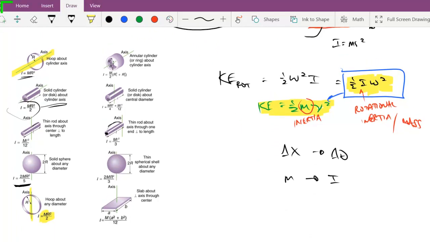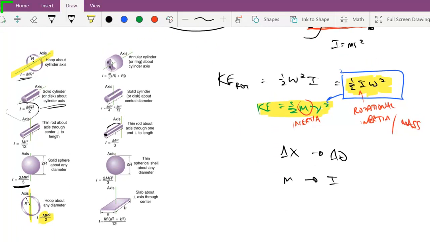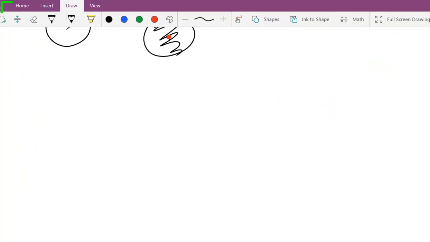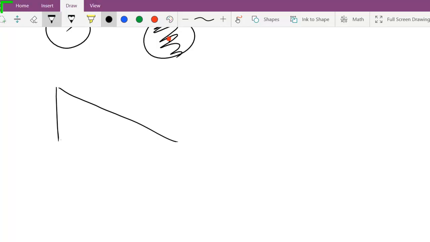So, several other ones are given here as well. One interesting thing to look at with rotational inertia and rotational kinetic energy is conservation of energy. Let's say that we have an inclined plane here of height h, and we have two choices of things to roll down, both of the same mass.